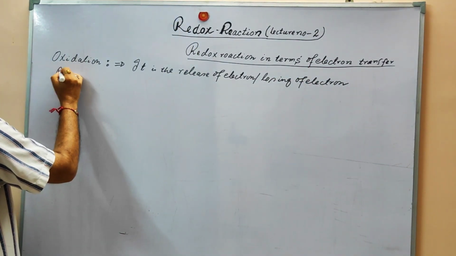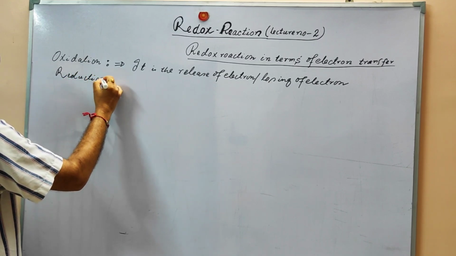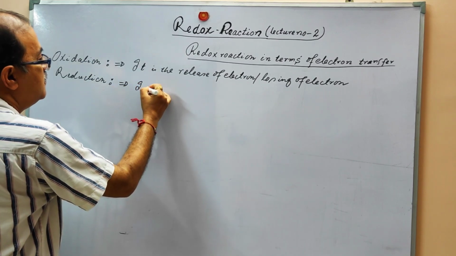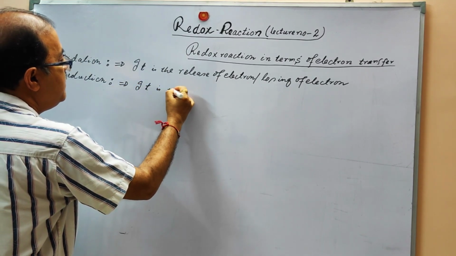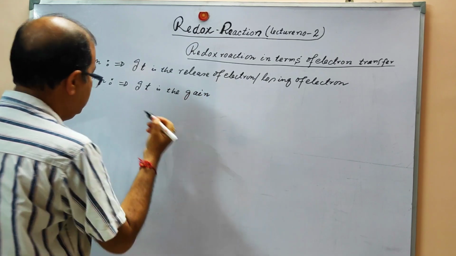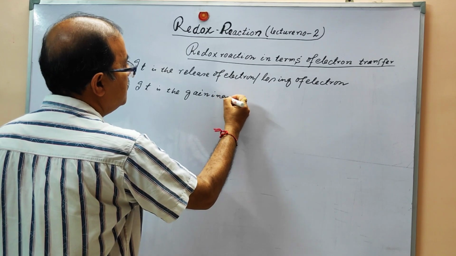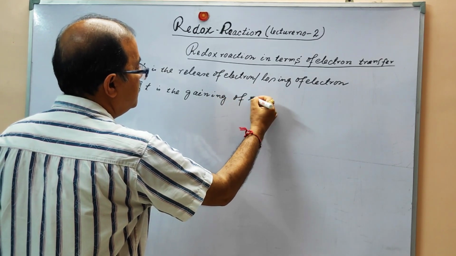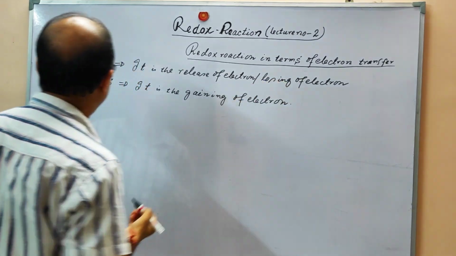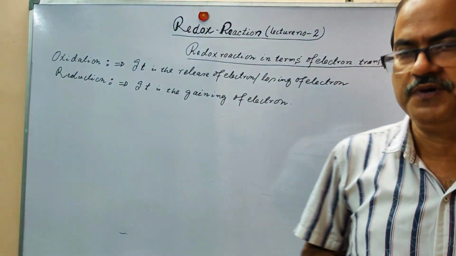And what is the reduction process? Reduction means it is the gaining of electrons. The lost electron has been gained in this process. So we can redefine reduction and oxidation in terms of electron transfer.